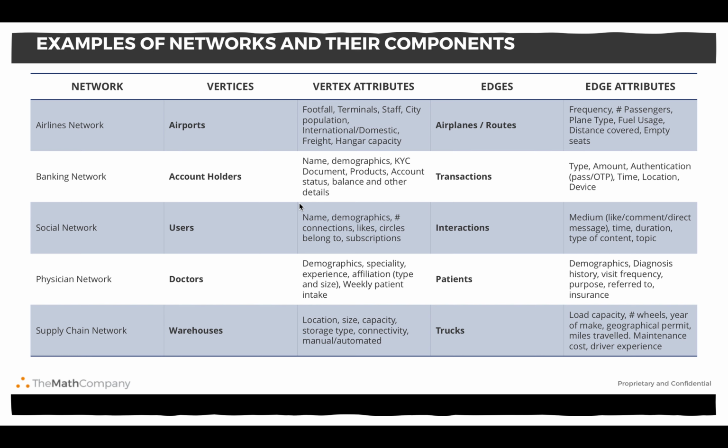And then we want to know where they are located, what their capacity is, how much they could hold, what type of storage it is, and then the edges could be the trucks that are moving between these different warehouses. And then we want to know how much each truck can take from one node to the other. So you see, these are all our day-to-day examples that we see.